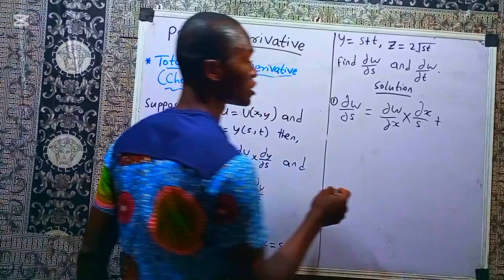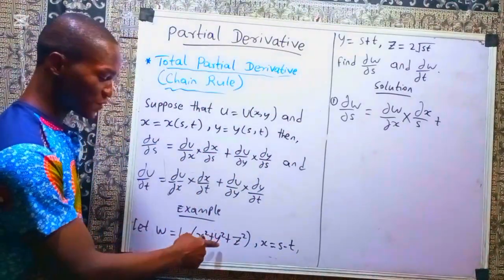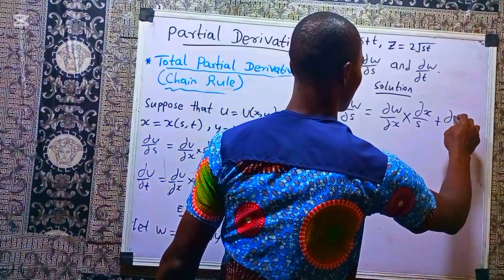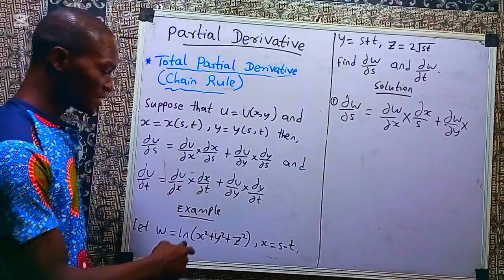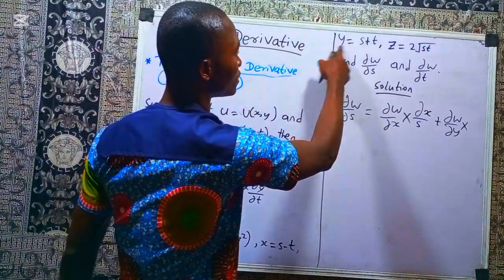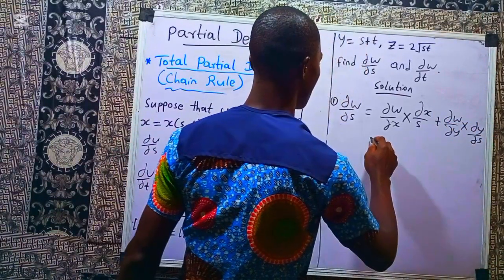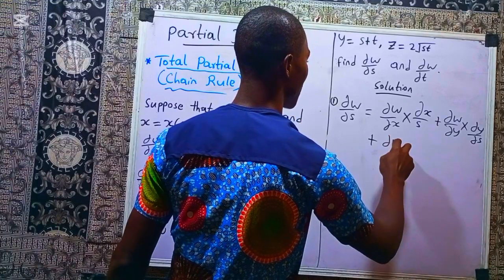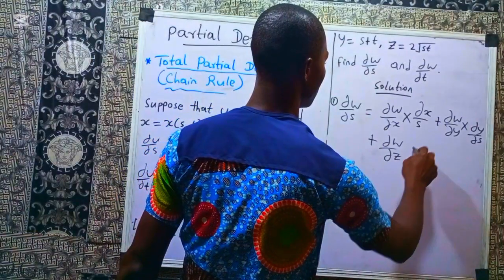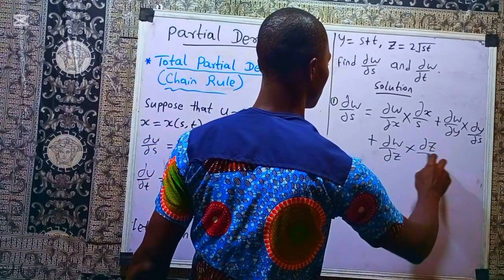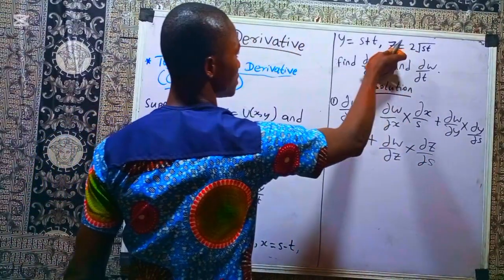Plus, because I have more than one variable, I will come to w again and differentiate w with respect to the second variable, partial w, partial y, times the derivative of that second variable, y, with respect to s, partial y, partial s. Plus partial w, partial z, the third variable, times partial z, partial s, because z is a function of s.